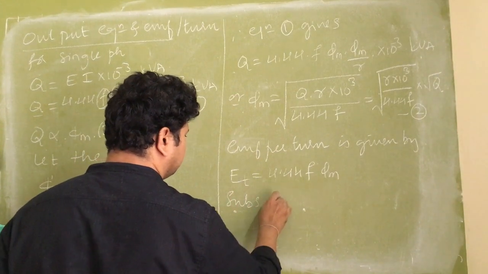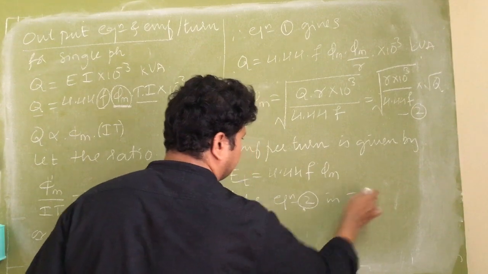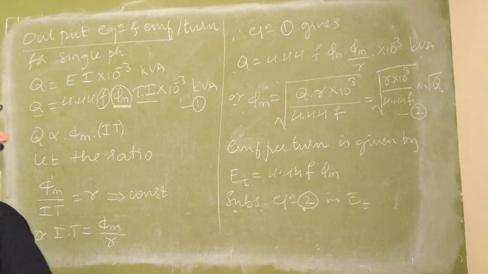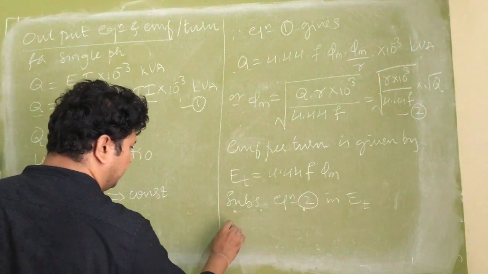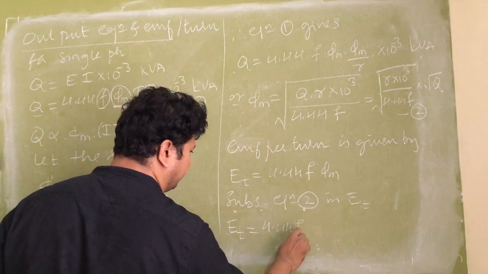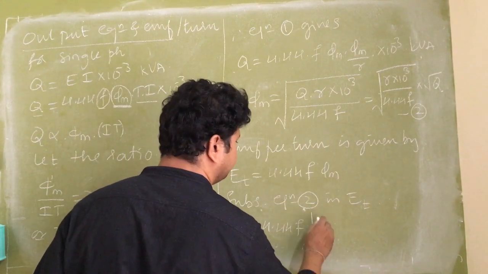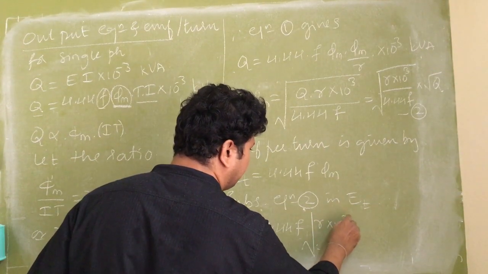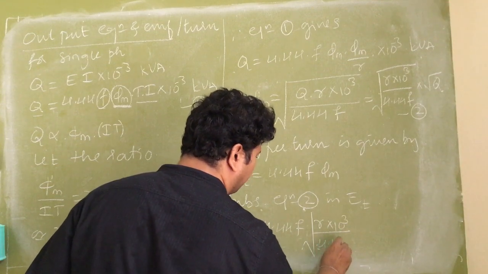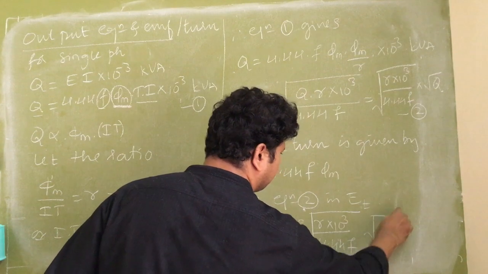Substitute equation 2 in ET. We get ET is equal to 4.44 F, and in place of phi m, it will be under root R into 10 to the power 3 divided by 4.44 F into root Q.